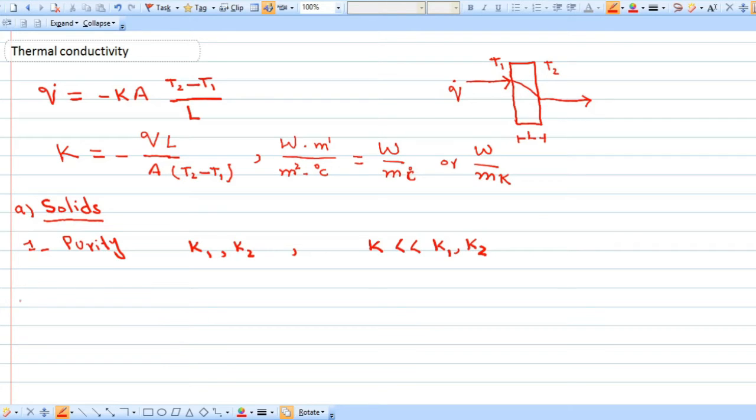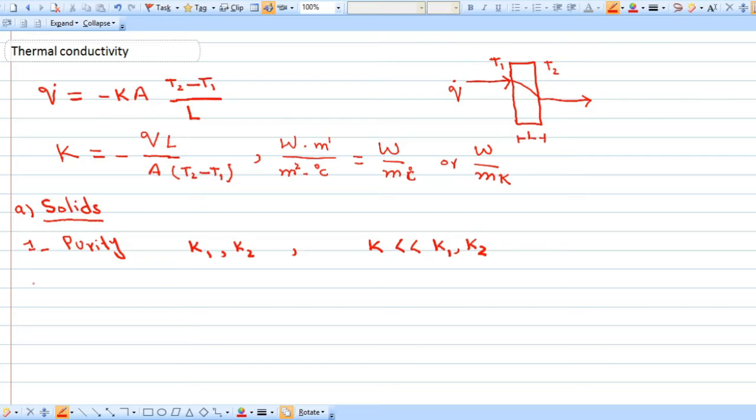In the same way, the thermal conductivity of non-metals depends upon the moisture content present inside the non-metals. If a non-metal is damp, its thermal conductivity will be higher compared to the dry non-metal, because a dry non-metal will contain air inside it. Therefore, thermal conductivity will be reduced due to the presence of air inside the non-metal.